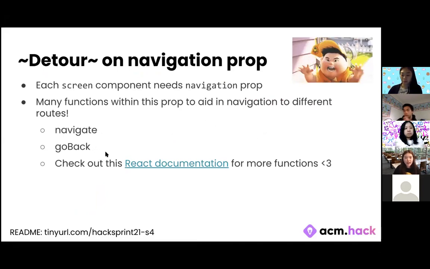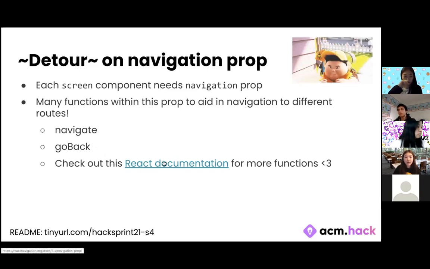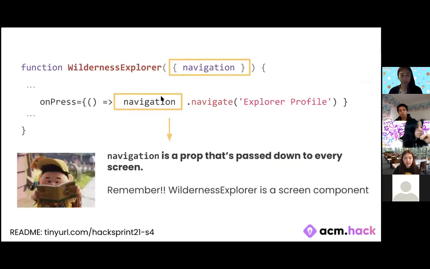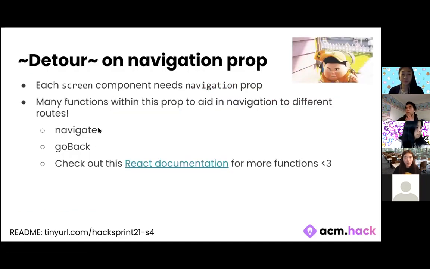There's a lot more, and I linked React documentation here for more functions that you can call on the navigation prop. Just note that right here it says navigate, and if we think about the previous slide, we have navigation.navigate. That's just one example of how we're using a function on the prop.